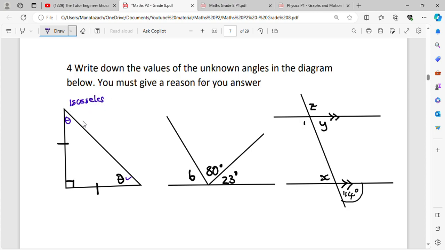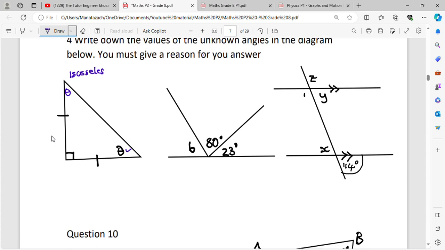So that will be your reason. And then you can say from here theta plus 90, all the angles of your triangle are 180 degrees. The reason is the sum of angles of a triangle.